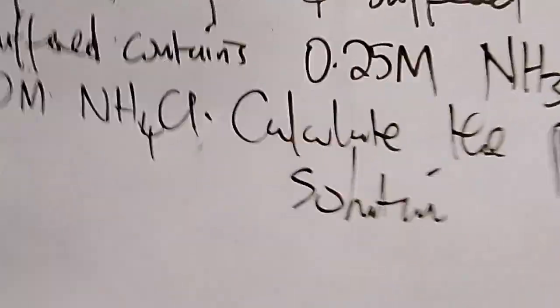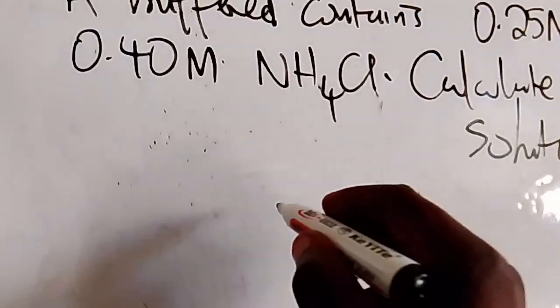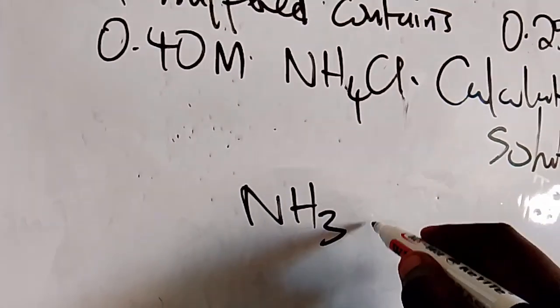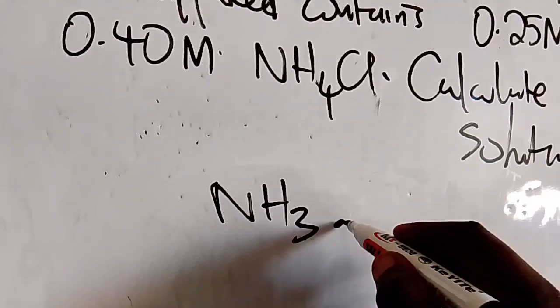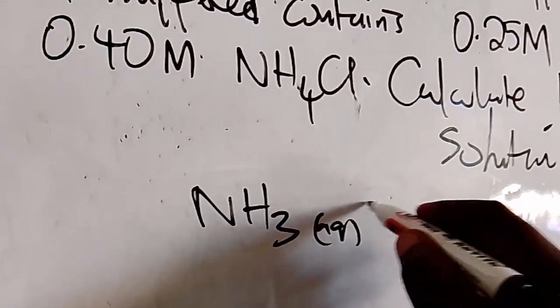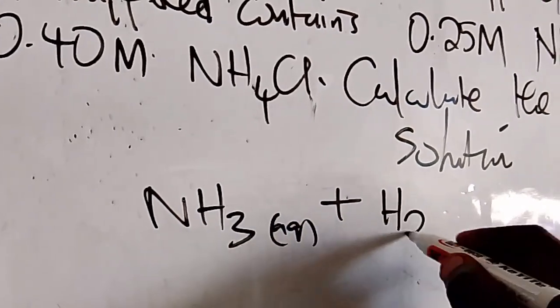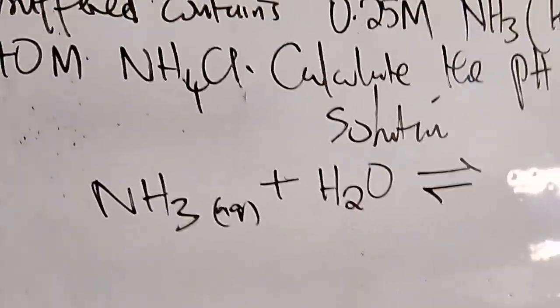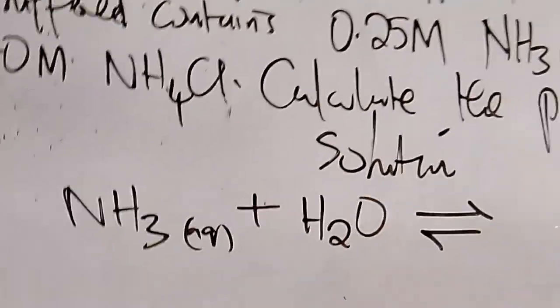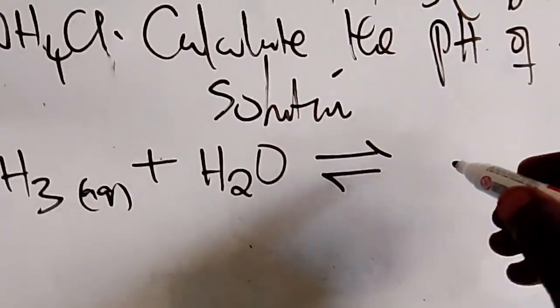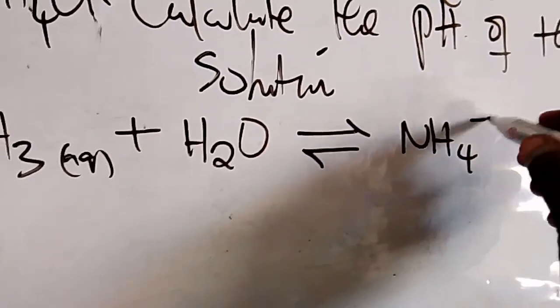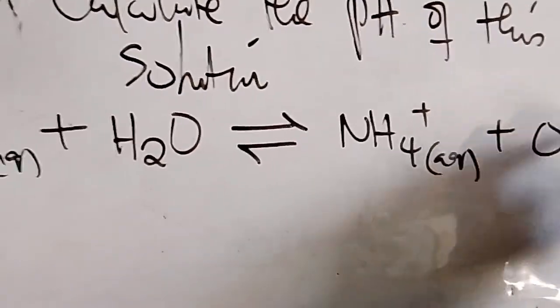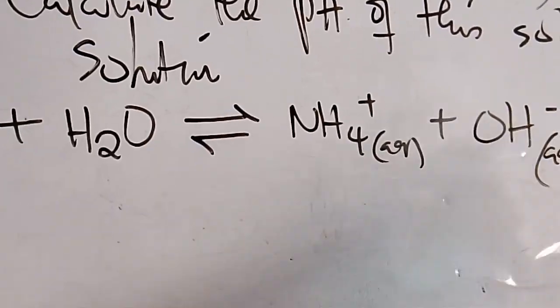So the important equilibrium for this reaction is ammonia plus water, which gives us ammonium ion plus hydroxide ion.